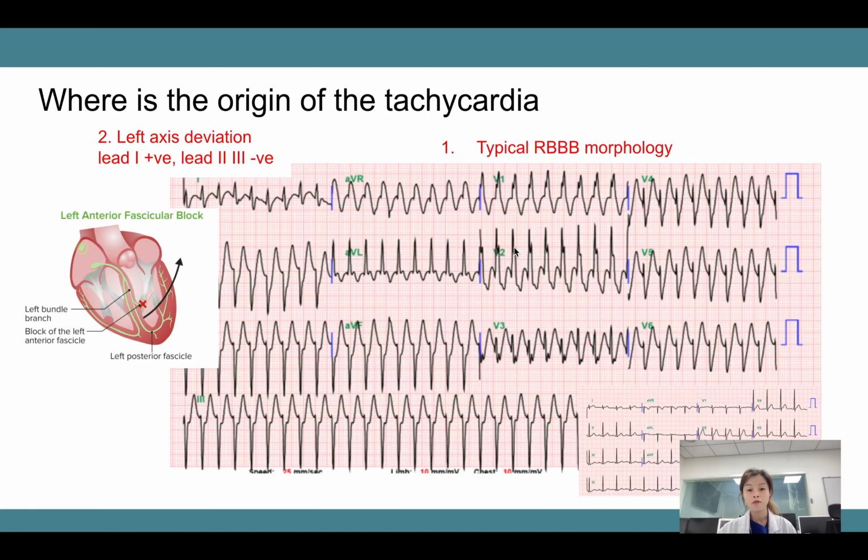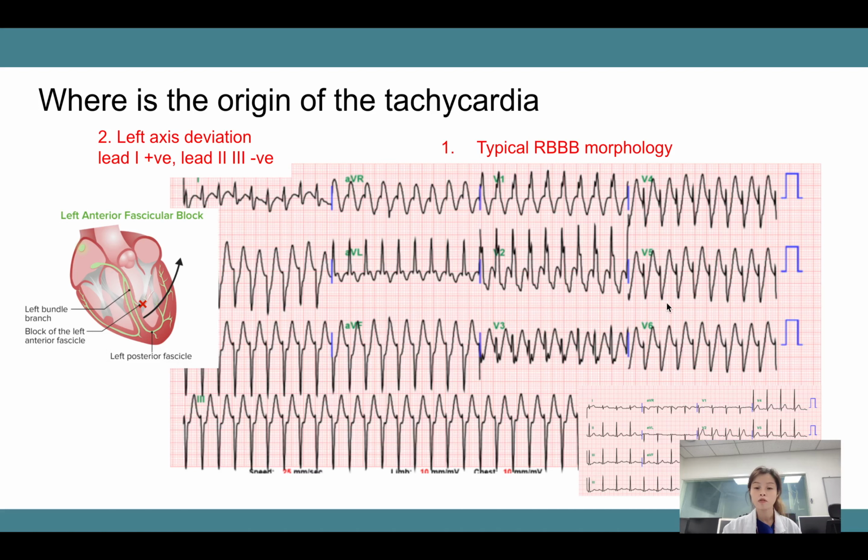Actually, if you are very familiar with ECG, then this ECG is typical of tachycardia originating from the left posterior fascicle. This is because the RBBB morphology suggests the tachycardia originates from the left bundle, while the left axis deviation suggests the tachycardia originates from the left posterior fascicle.